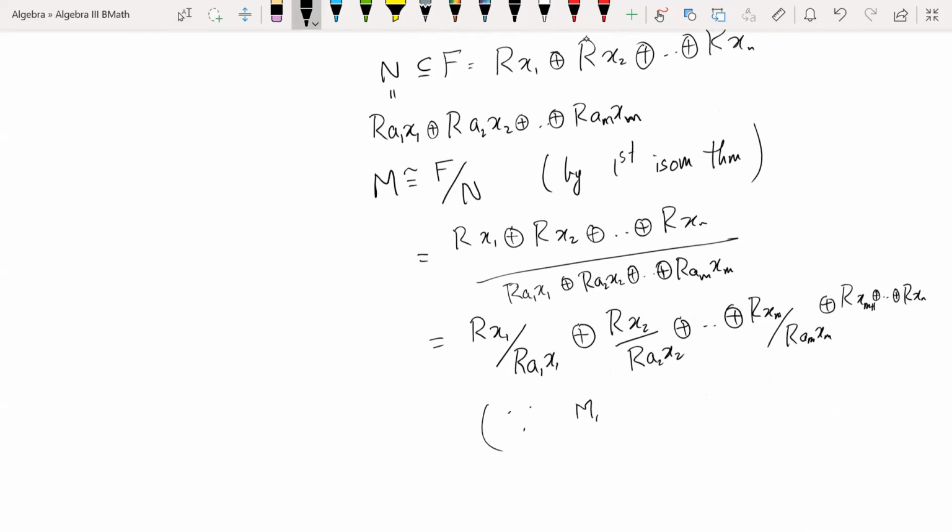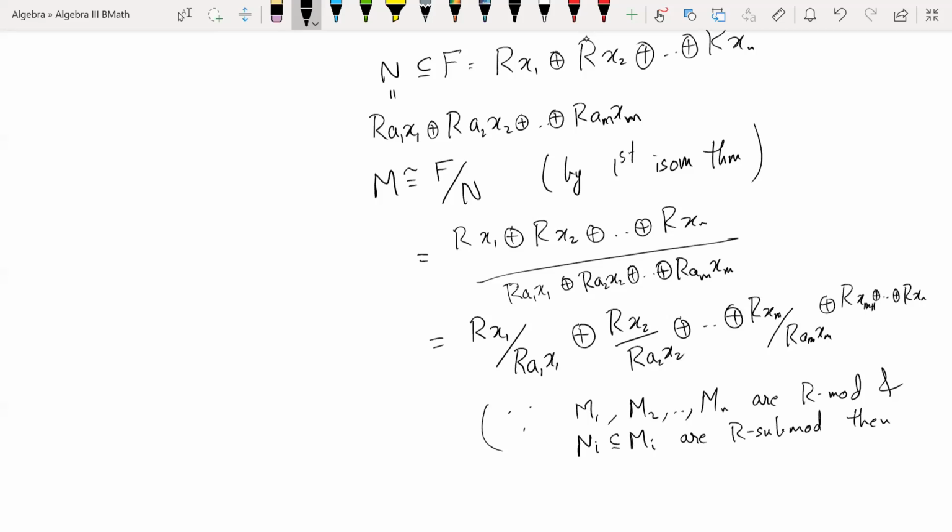And here I'll say what I'm using. Maybe let me write down the longer version. Let M1, M2, up to Mn be modules, and N_i contained in M_i be submodules.